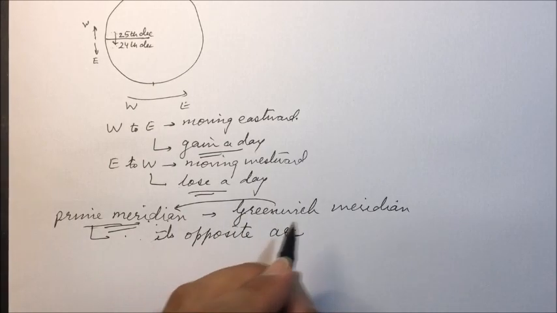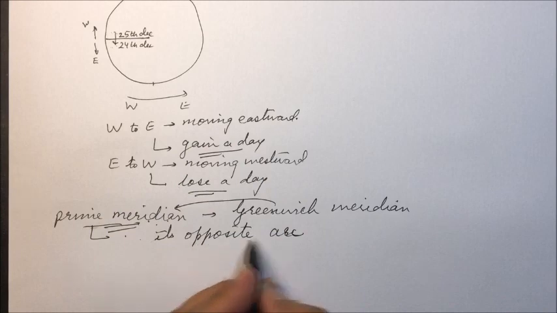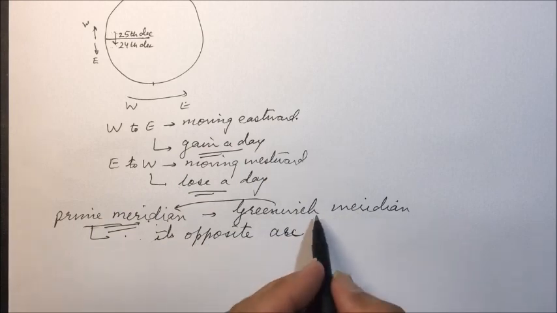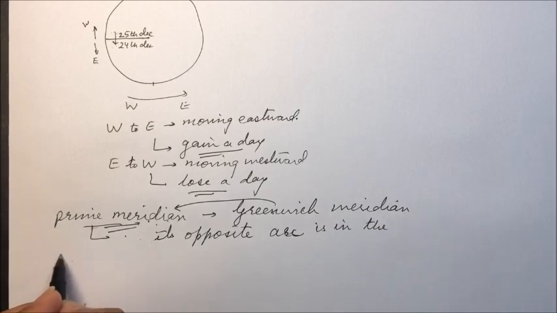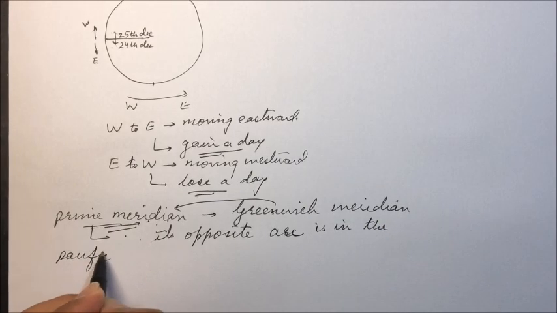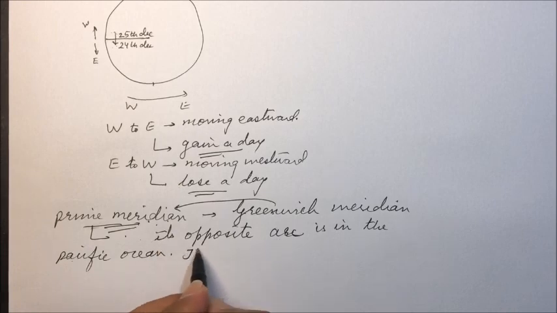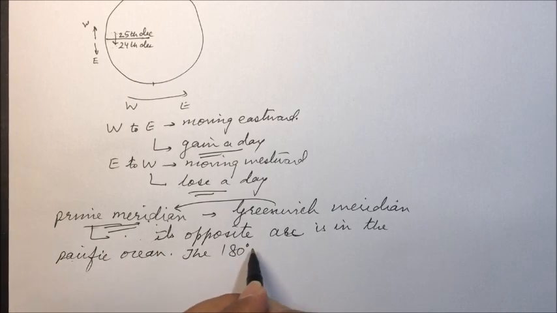And which is the opposite arc? 180 degrees, that is the international dateline. Its opposite arc is in the Pacific Ocean, the 180-degree meridian.